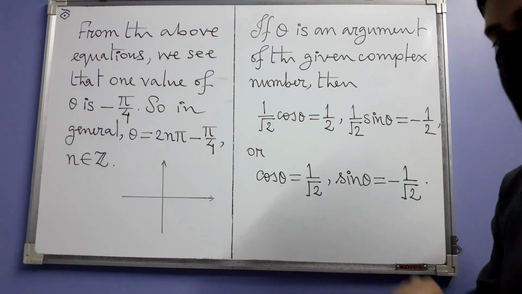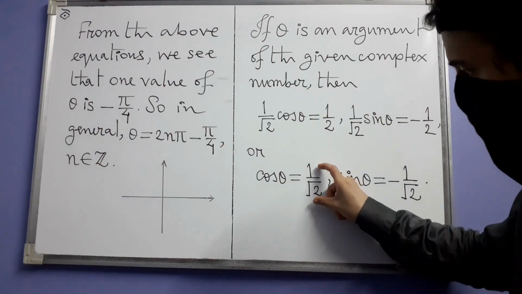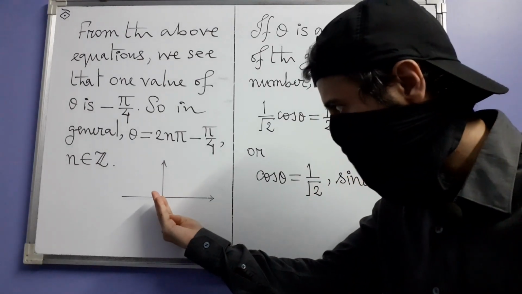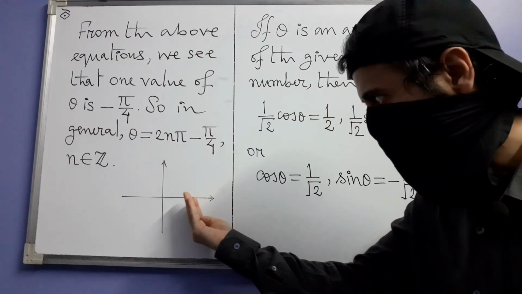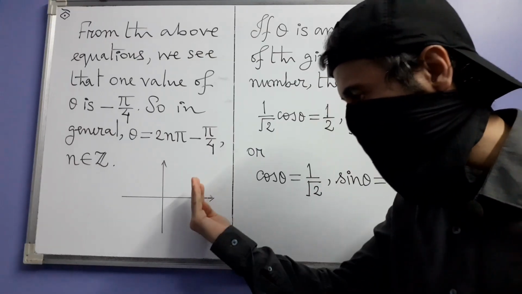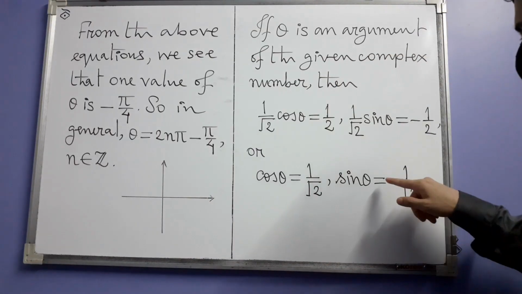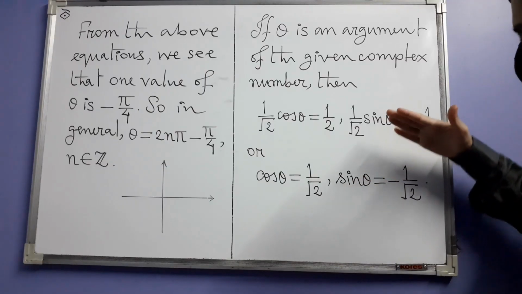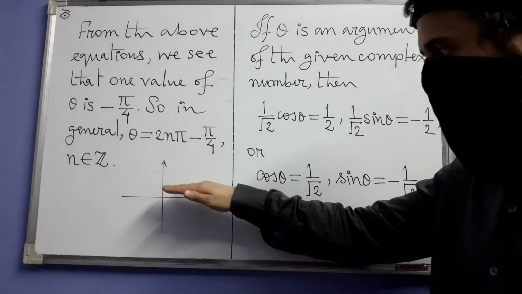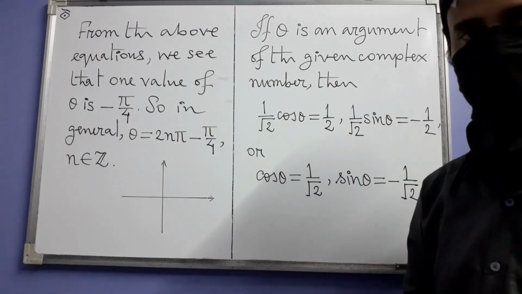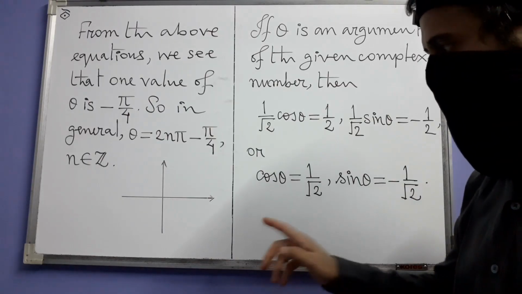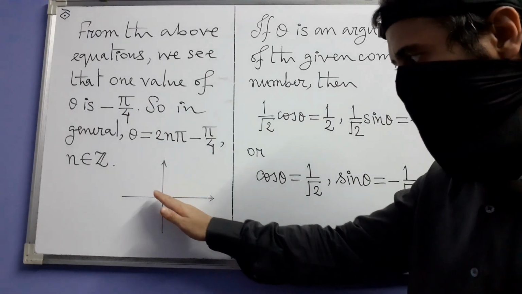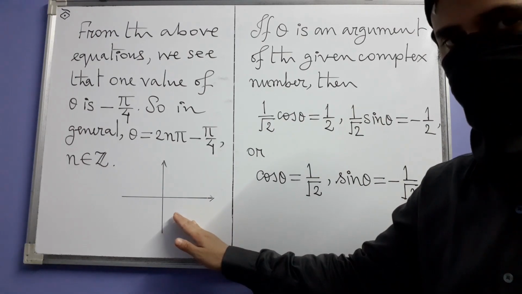So this is the x coordinate and the x coordinate is positive. X coordinate is positive means the point will lie to the right of the y axis, and the y coordinate, which is sin theta, is negative. So the point will lie below the x axis. That means the terminal ray of the angle should lie in the fourth quadrant.